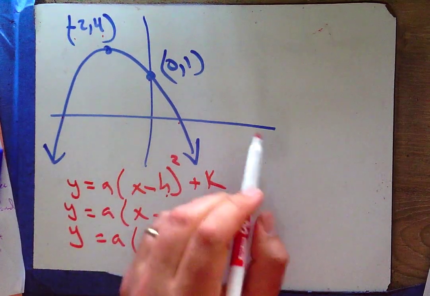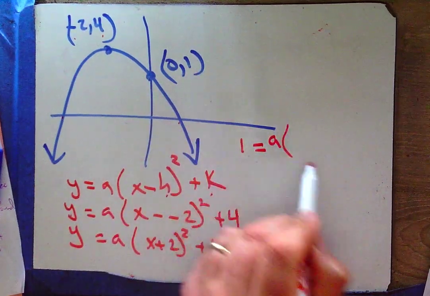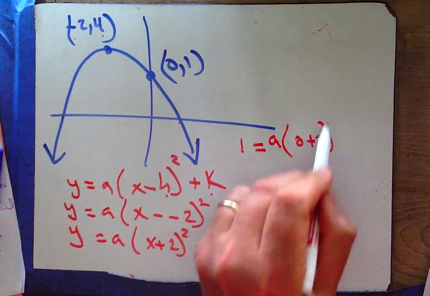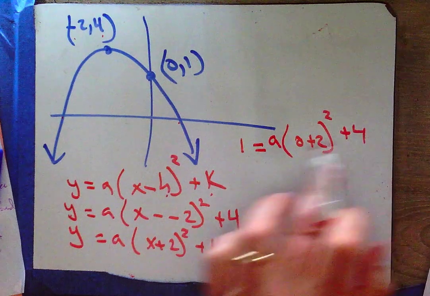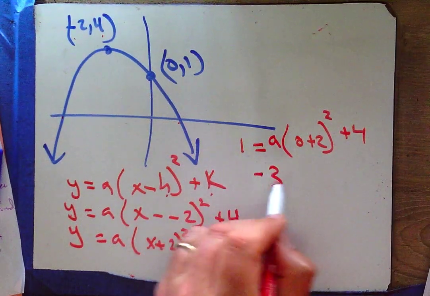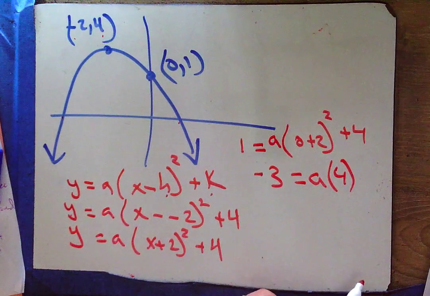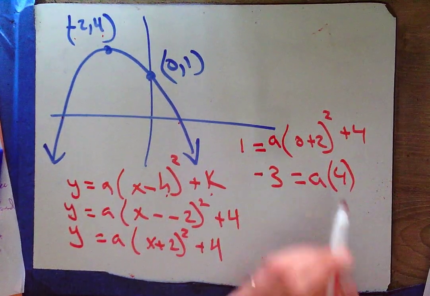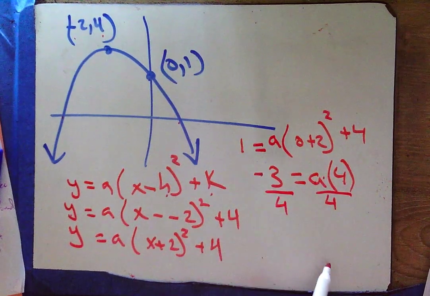So 1 is the y value, 1 equals a. Our x value is 0, 0 plus 2 squared plus 4. Well, I'm going to subtract 4 from both sides, and 2 squared is 4. Now, am I going to subtract 4 from both sides? No, this is 4 times a, so I need to divide by 4.